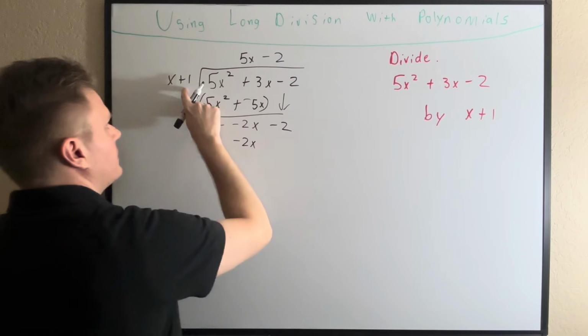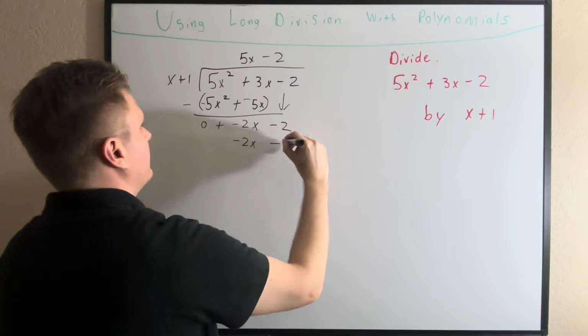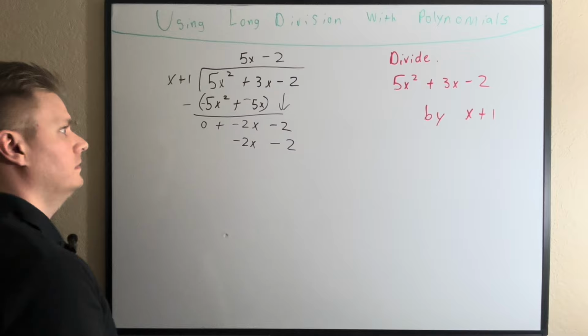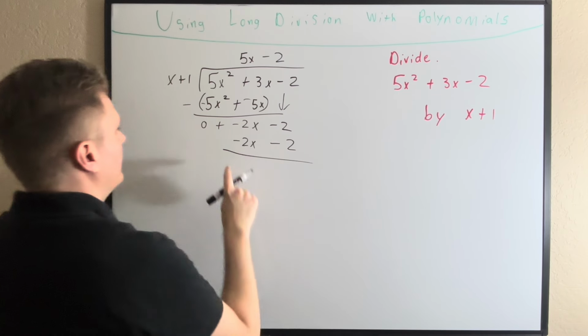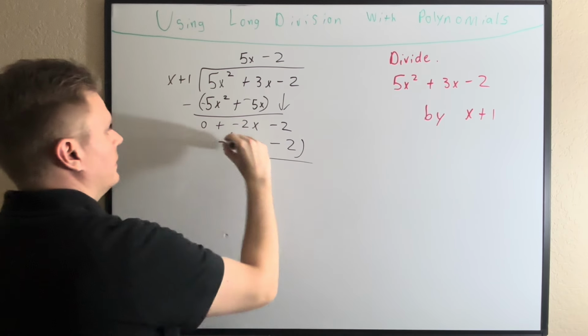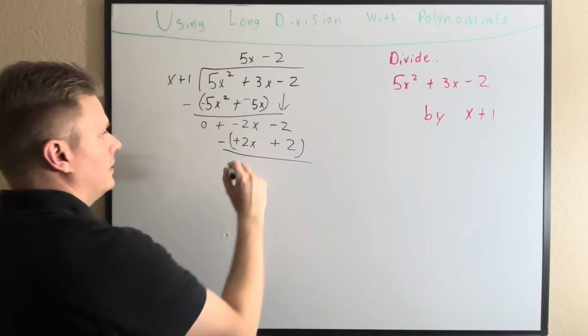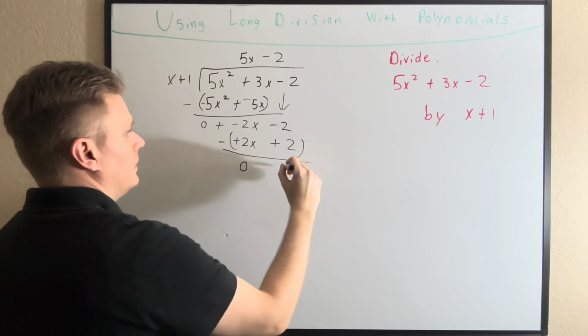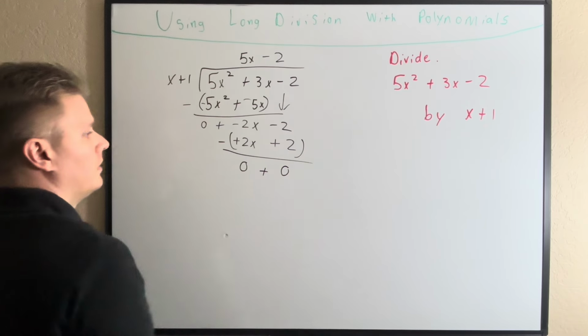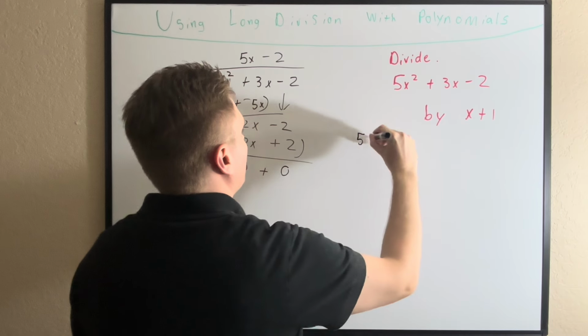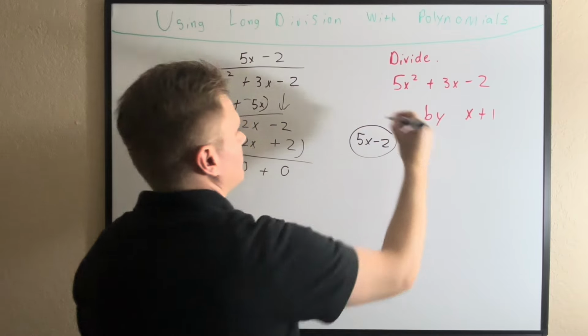Negative 2x, 1 times negative 2 is negative 2. Oh, that's nice. We're subtracting, right? So this changes both signs. And 0 remainder. So our answer is 5x minus 2.